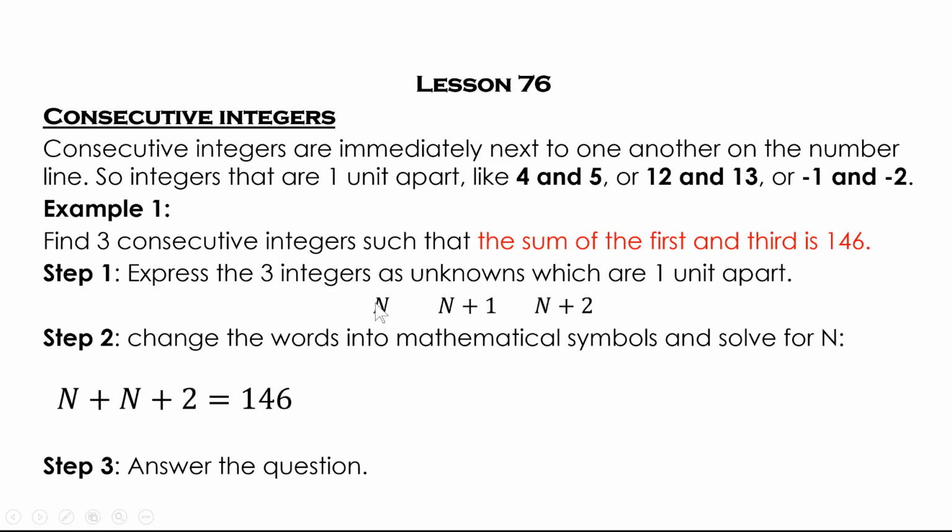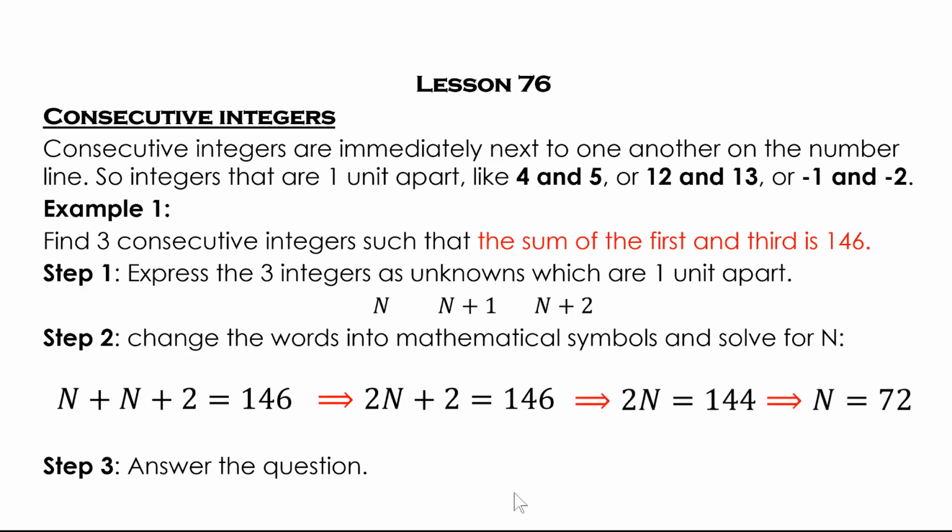Now we just solve for n. 2n plus 2 is 146. Subtract 2 on both sides, and you get 2n is 144. Divide by 2, and you get n equals 72.